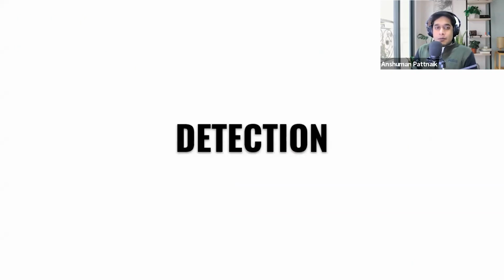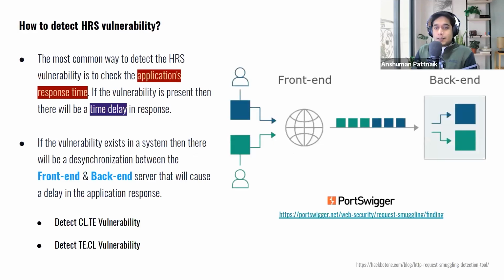So as of now, we understood how we can perform an HTTP request smuggling attack. Now let's discuss how we can detect an HRS vulnerability in a system. The most common way to detect this HRS vulnerability is to check the application's response time, because when we smuggle an ambiguous request, if the vulnerability exists in a system, there will definitely be a desynchronization between the front-end server and the backend server, which will cause a delay in the application response time.